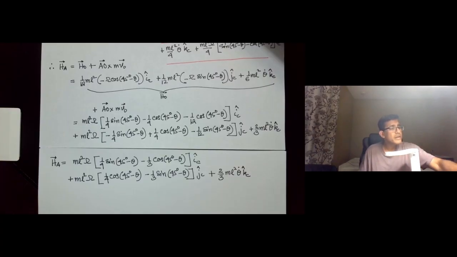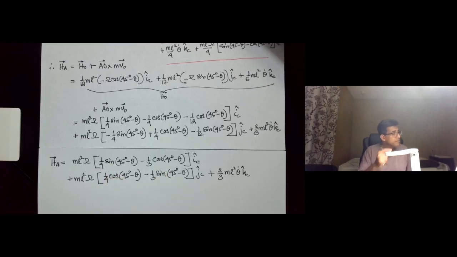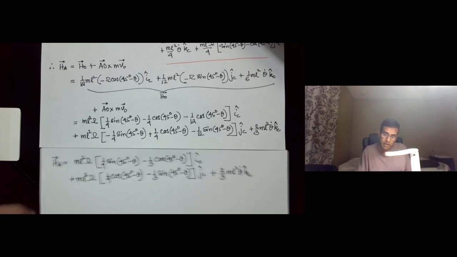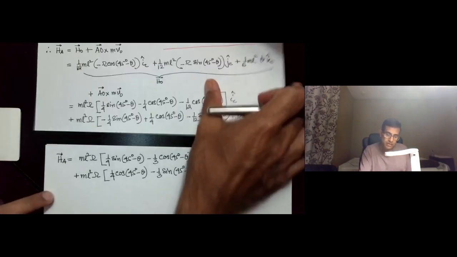Okay, so let me now check if this is okay. I think it is okay. In the IC direction we have 1/4 sine minus 1/3 cosine. In the JC direction we have 1/4 cosine minus 1/3 sine, and here you have the 2/3 ml squared. So this is good.